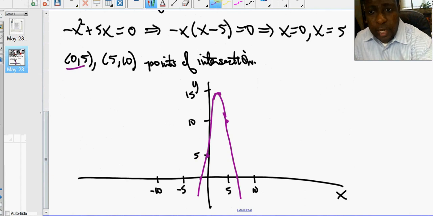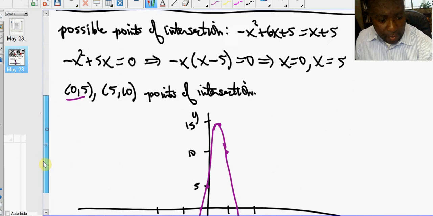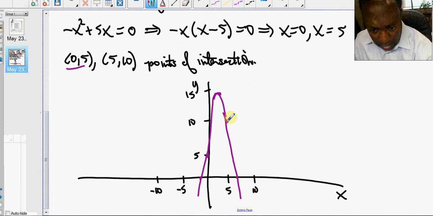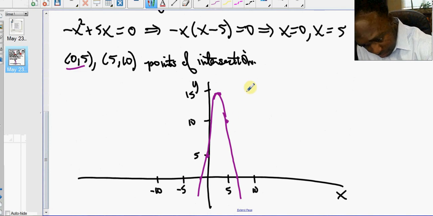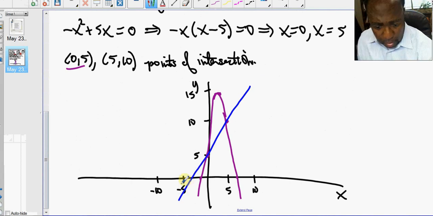Now that line is 0, 5, -5, 0, and then also that point there. Which tells us that my scale for -5 is off.